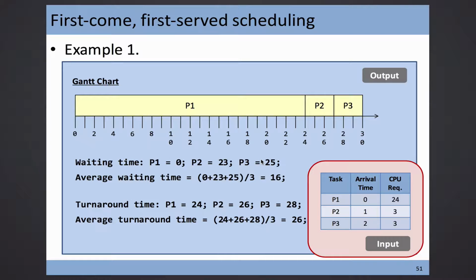Turnaround time means the time from when you enter the shop until the time that you leave the shop. Let's say you enter the shop as this guy at time 0. Then you can leave the shop after 24 time units, so your turnaround time is 24.